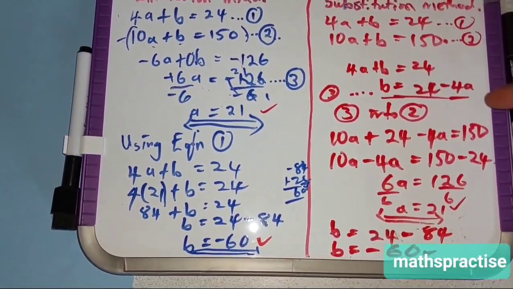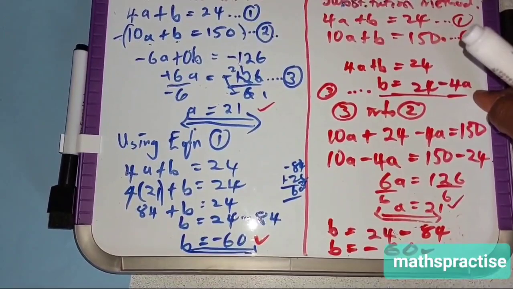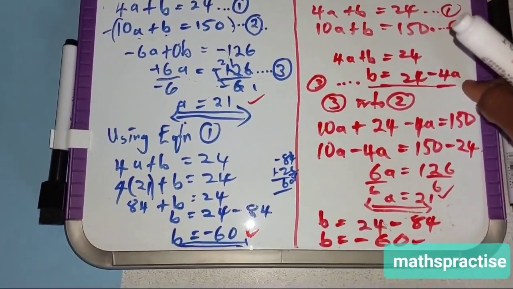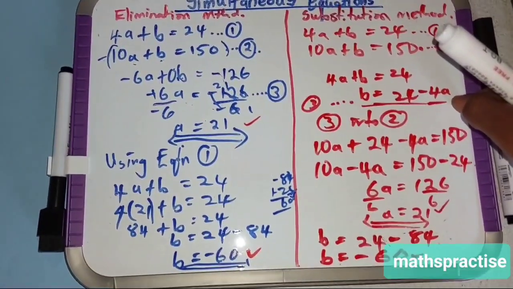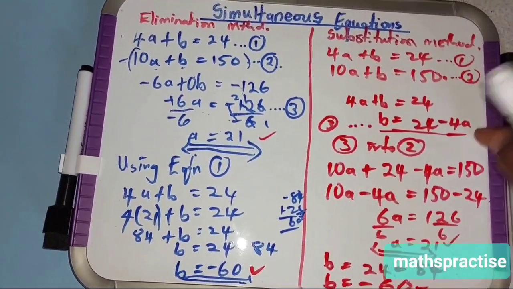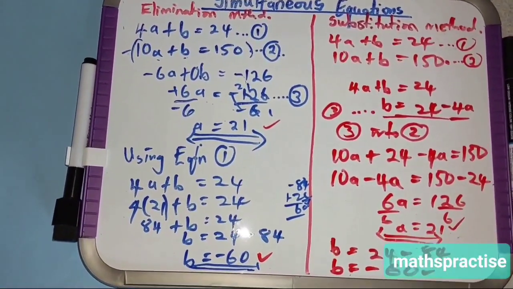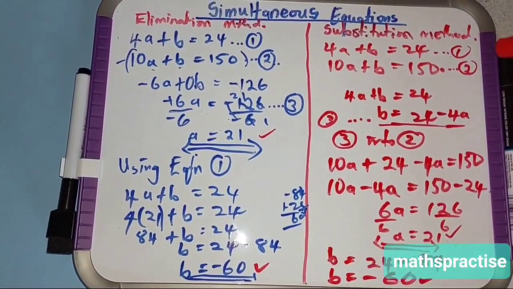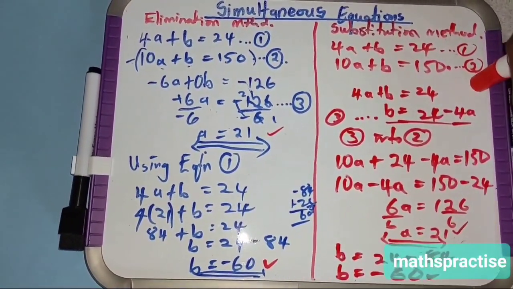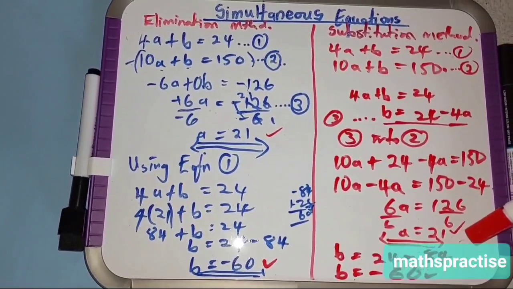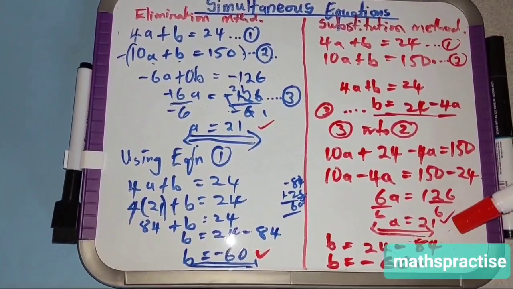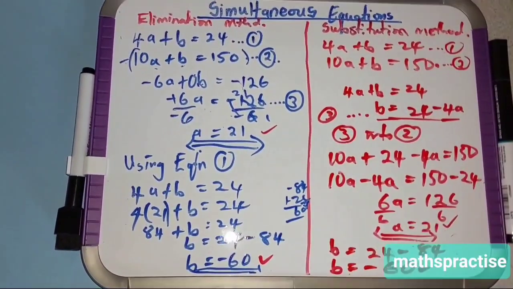For this instance we made b the subject, to get rid of two unknowns in one equation. Then you substitute it into the other equation, so we get one unknown, and it will be easy for us to find the other unknown.